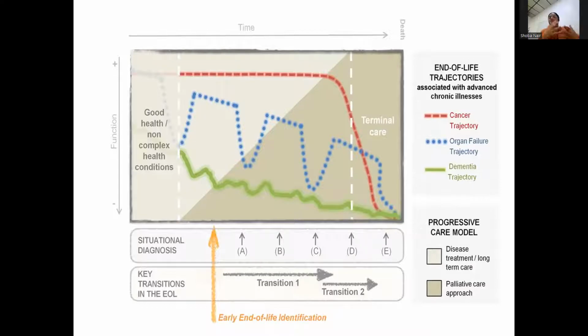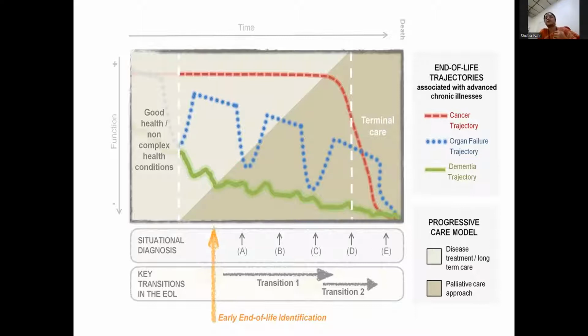And you feel that the patient is not going to come back, but they do recover, and they move out of ICU. Then they go on for some time. Again, they're admitted. So there is a dip, and then they climb up. And there's a dip, there's a climb up. So it's very unpredictable as far as organ failure and non-malignant diseases are concerned.